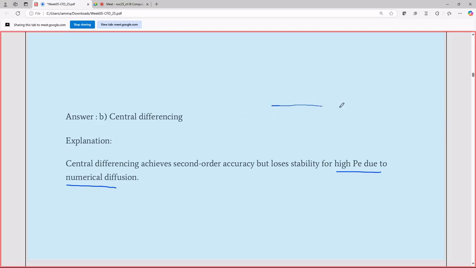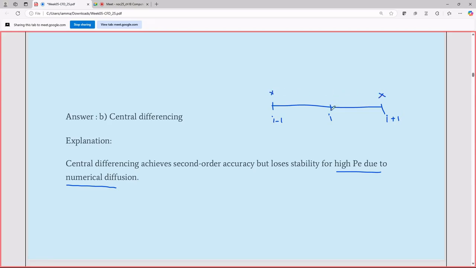So while taking central differencing scheme, if there are suppose three nodes, this is I, this is I minus 1, this is I plus 1. So in central differencing scheme, the values used in calculations will be I minus 1 and I plus 1.